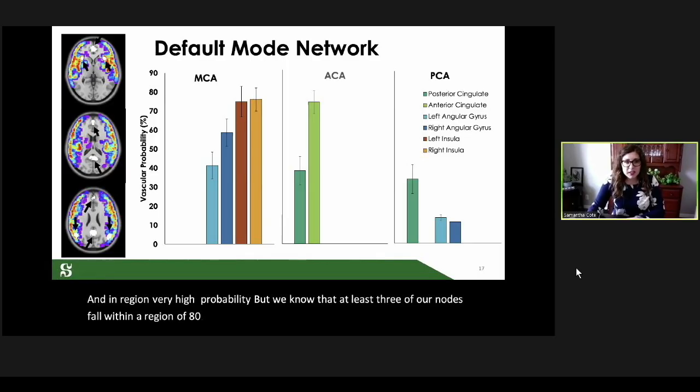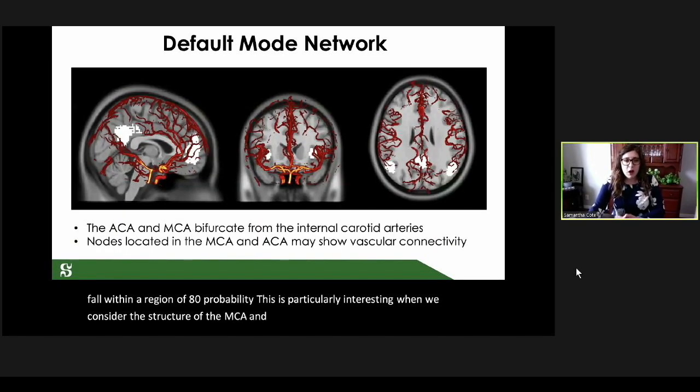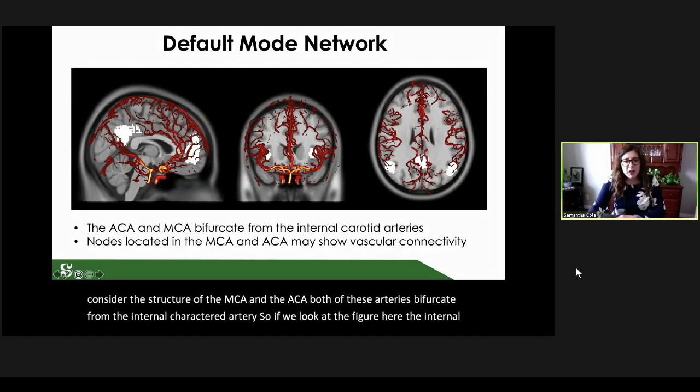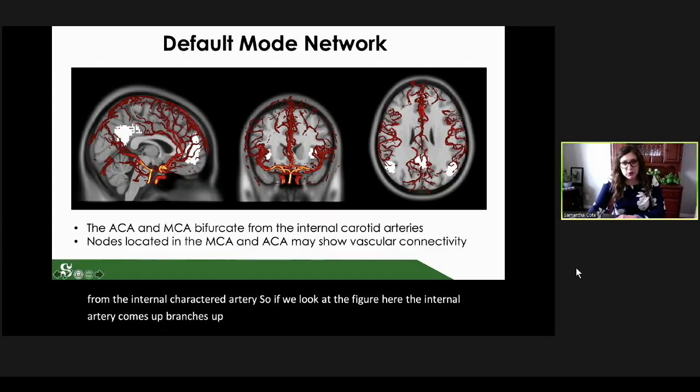This is particularly interesting when we consider the structure of the MCA and the ACA. Both of these arteries bifurcate from the internal carotid artery. So if we look at the figure here, the internal carotid artery comes up, branches up into the anterior cerebral artery, which goes forward, and then branches left and right into the left and right middle cerebral artery.